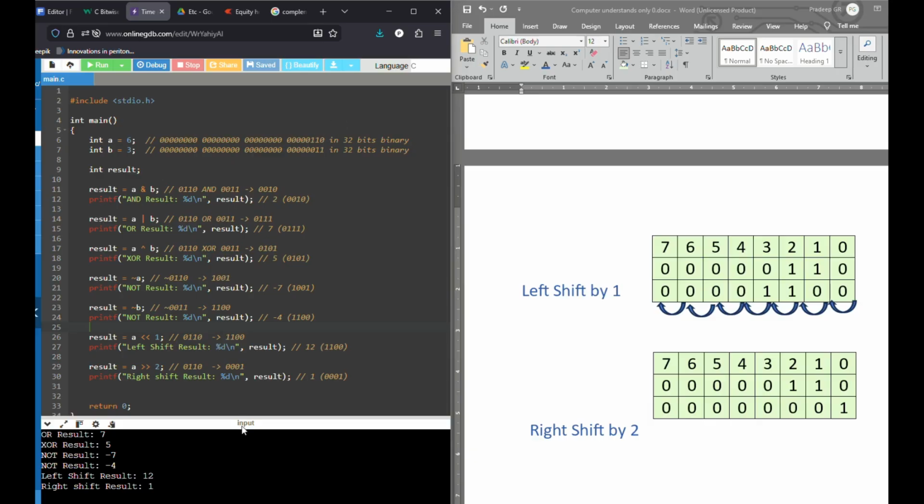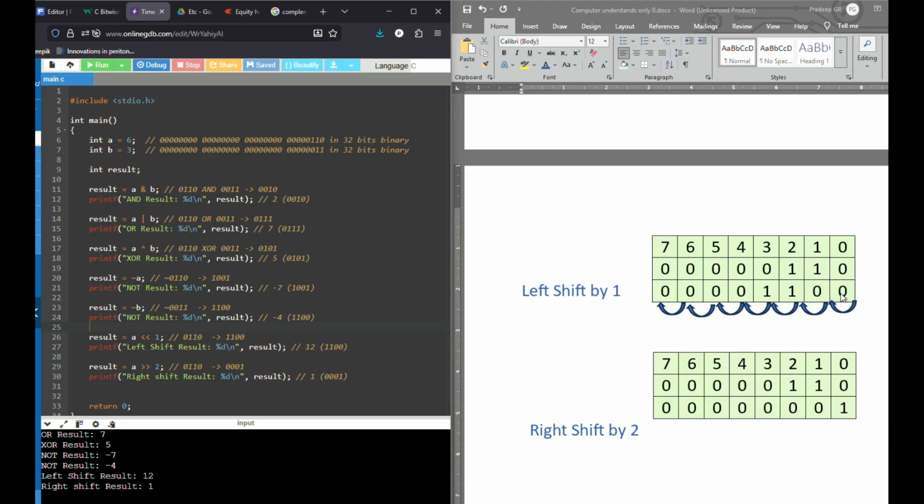When you do a left shift operation by 1, every original bit will be shifted left by 1, like this. This one will be shifted here, this one will be shifted here, and one more 0 will be added at the end.